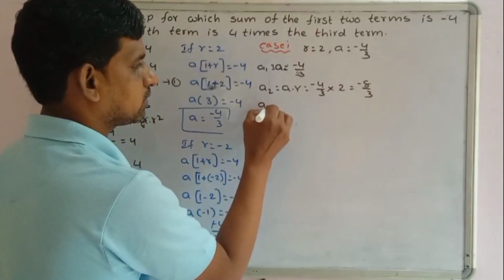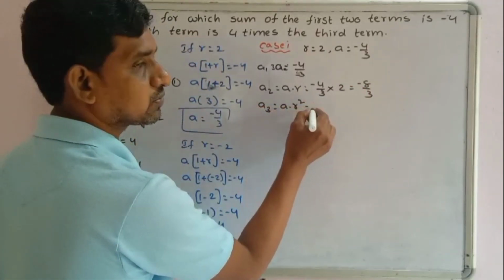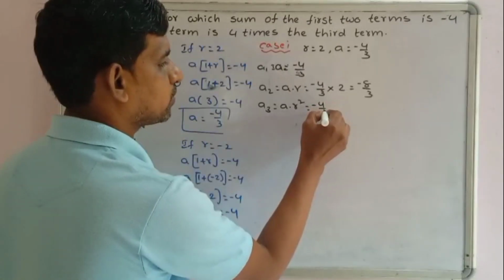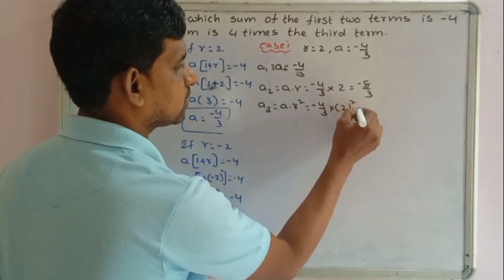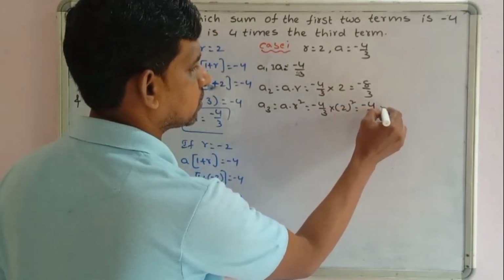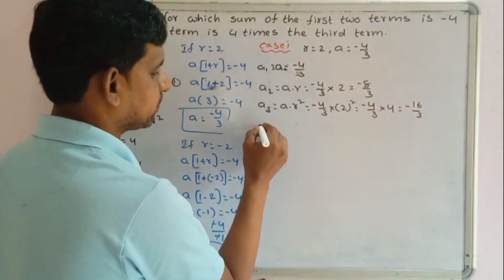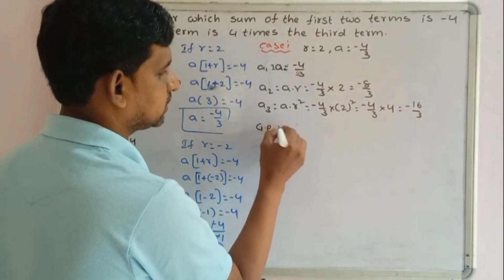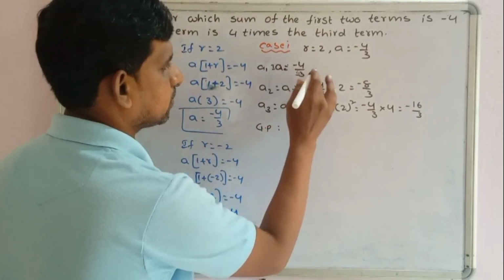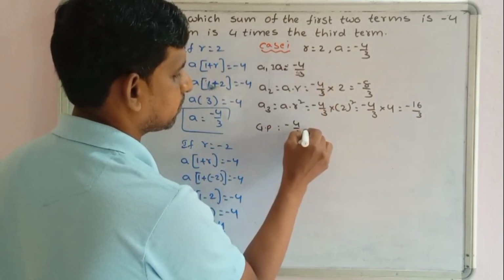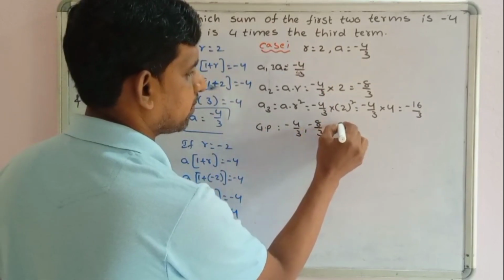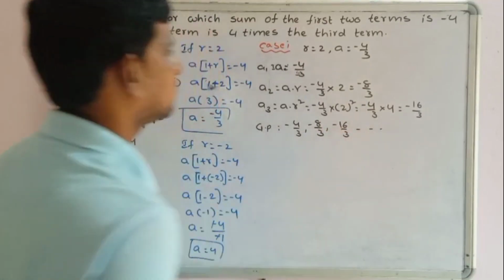Third term a3 equals a times r square, minus 4 by 3 into 2 square, which is 4, that is minus 16 by 3. Therefore the GP equals minus 4 by 3, minus 8 by 3, minus 16 by 3, and so on. This is case 1.